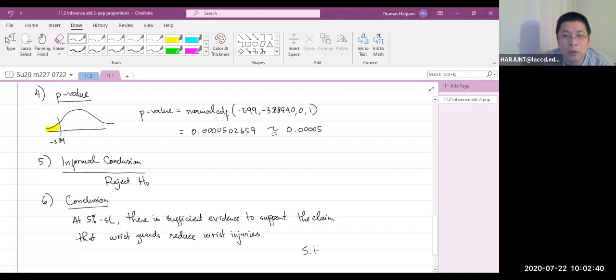Just take homework from this 11.1. This from number 9 to 21. Odd ones.